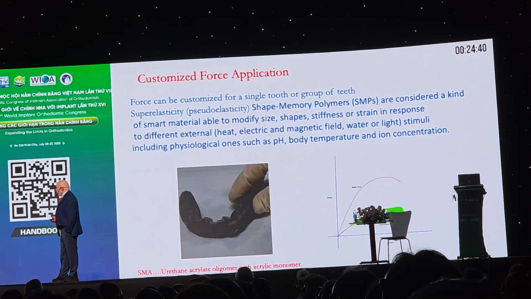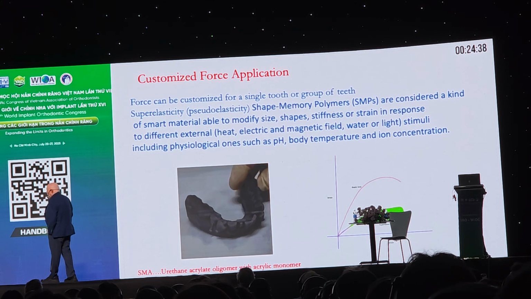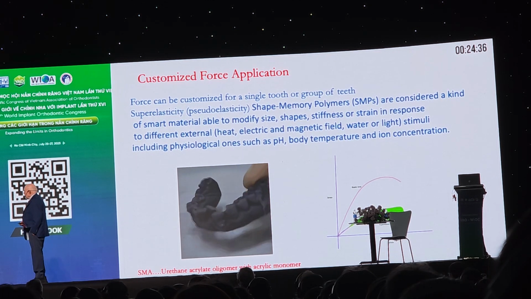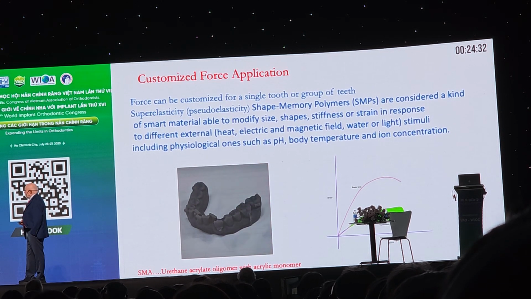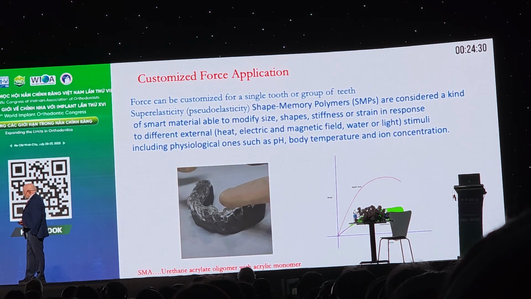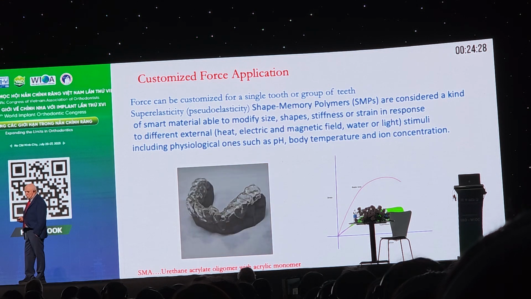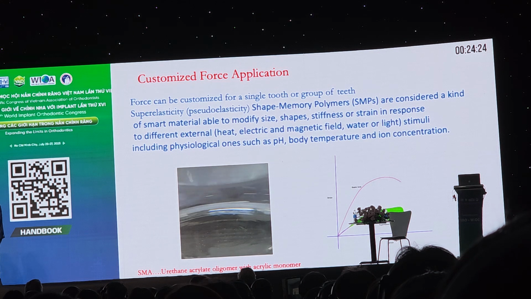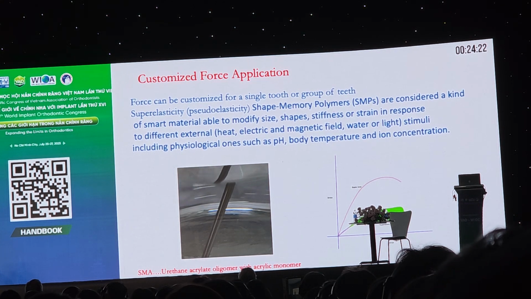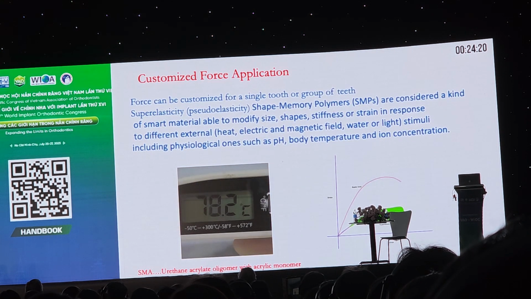Take a look at this example. See the amount of crowding in there. So what is going to happen? What you do is you take your aligner from room temperature, it doesn't fit in. This is a shape memory aligner. Now I'm going to take it and put it in lukewarm water. If boiling water, hot water, it becomes very soft.